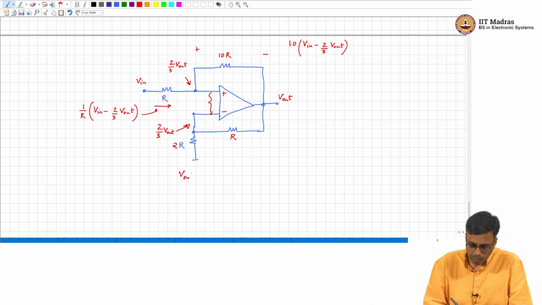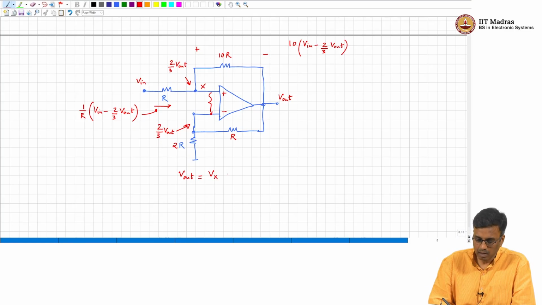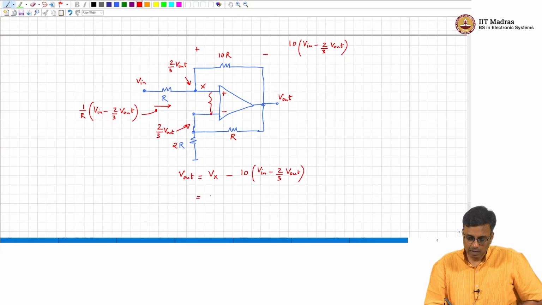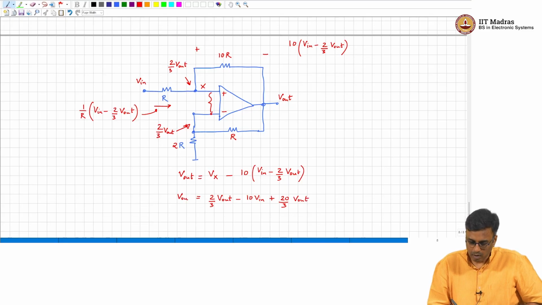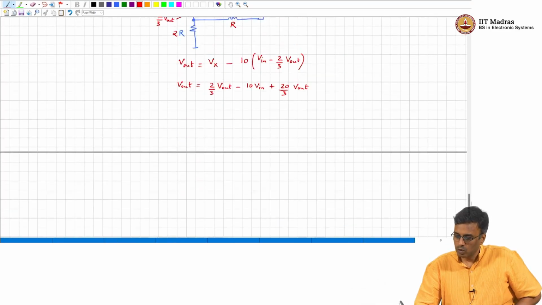V out therefore is this voltage Vx minus 10 times V in minus 2/3 V out, and Vx itself is 2/3 V out, so minus 10 V in plus 20/3 V out must be equal to V out. Does that make sense?